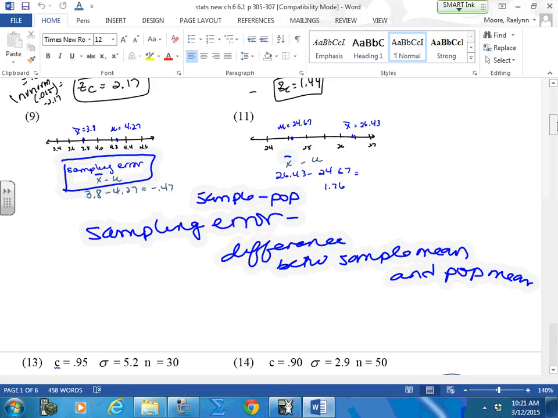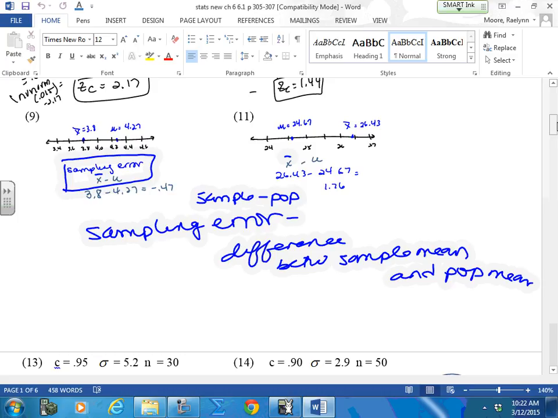That's all it is to find your sampling error. Because with our samples, sometimes we're not exactly on the mark with the population. So we get a little bit of a sampling error. That's the greatest difference between the two of them. Now, if you subtract the sample minus the population mean, if the sample was short, you get a negative. If the sample is bigger, you get a positive. So remember to be able to do that too.